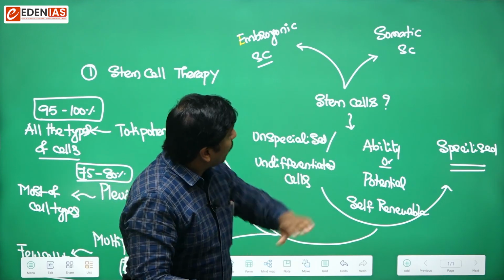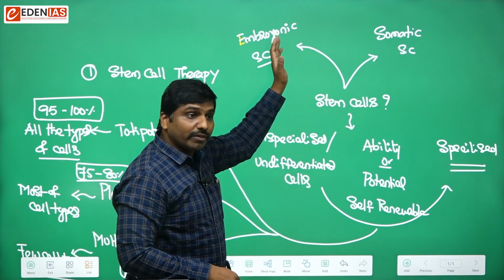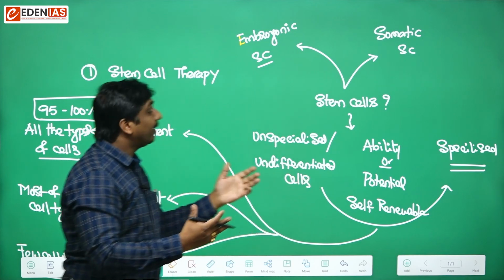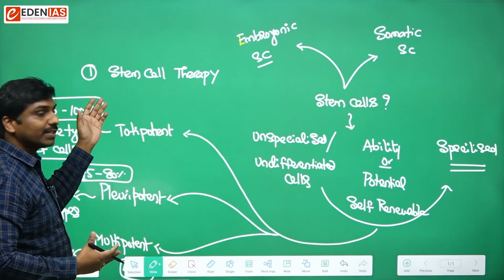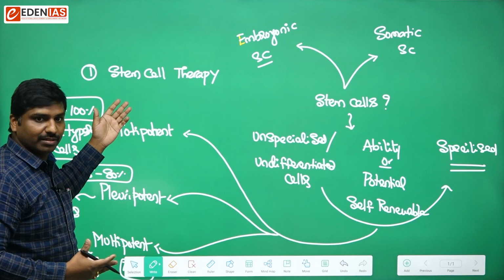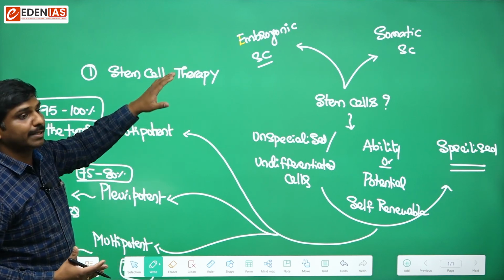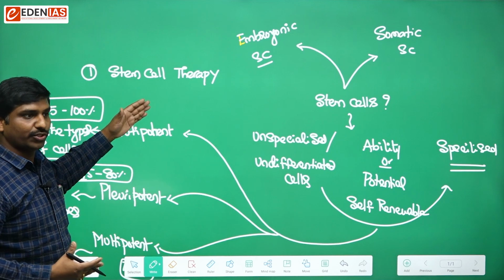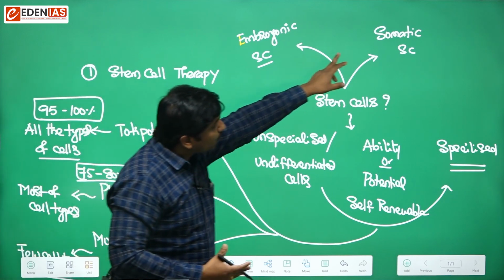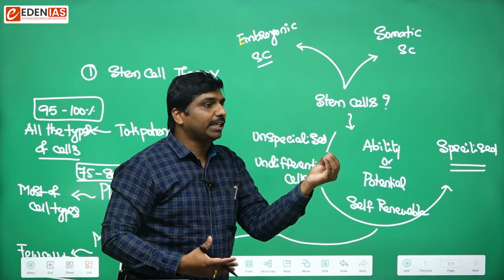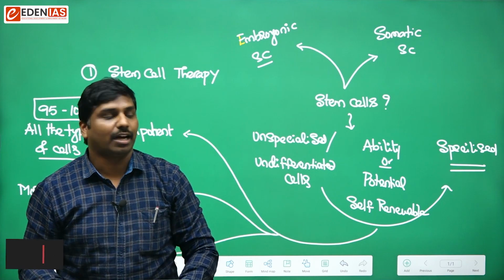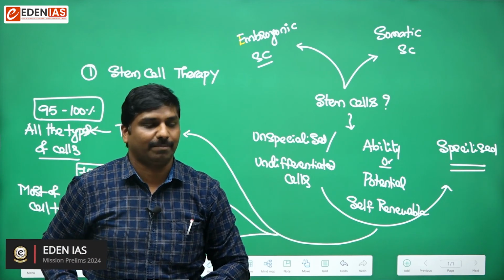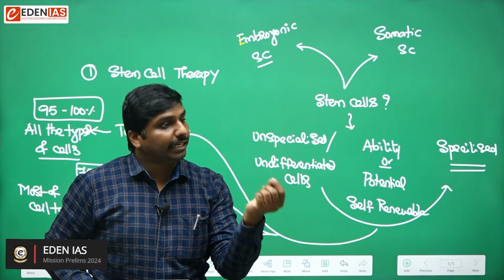Embryonic stem cells will generally have the ability to develop into most or all types of cells. So generally we can say embryonic stem cells will be either totipotent or pluripotent. Are you getting it? Somatic stem cells will have the ability to develop into a particular organ or particular tissue, like, for example, liver tissue.